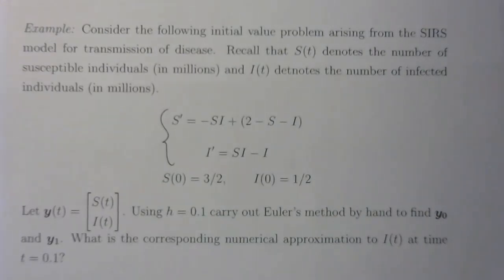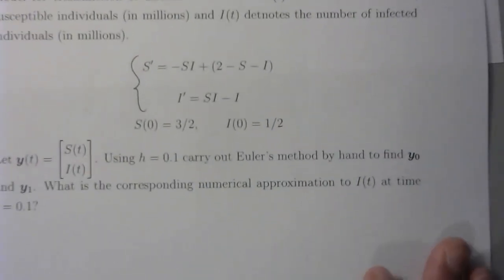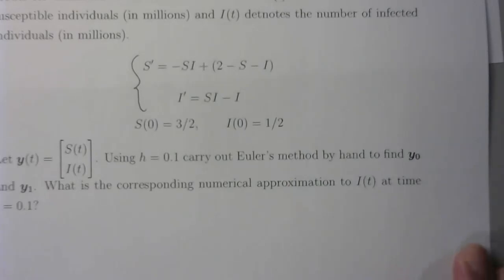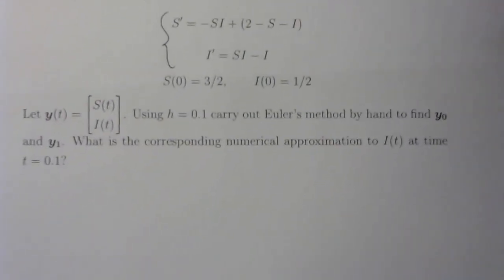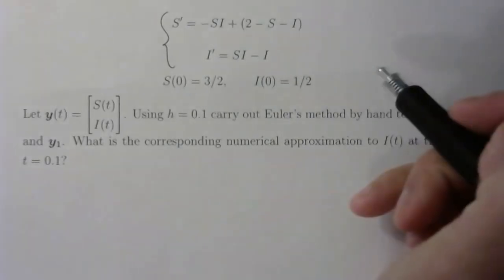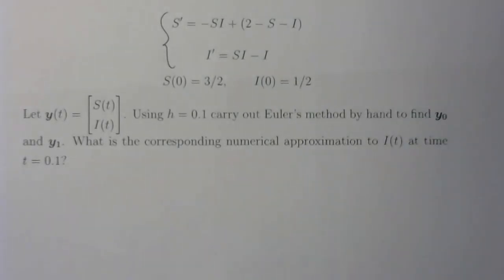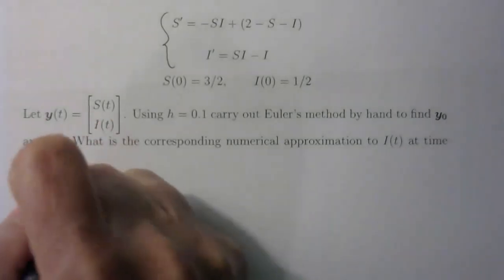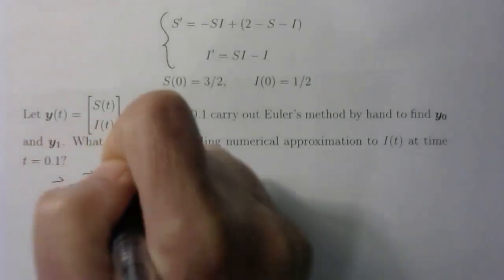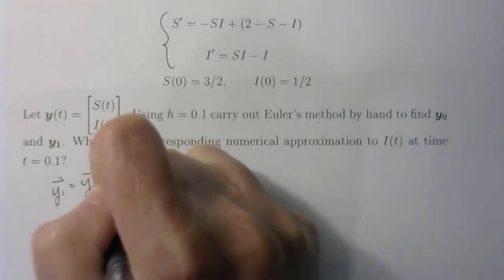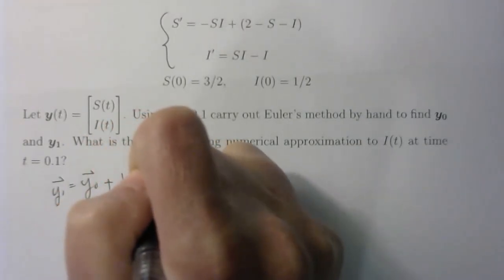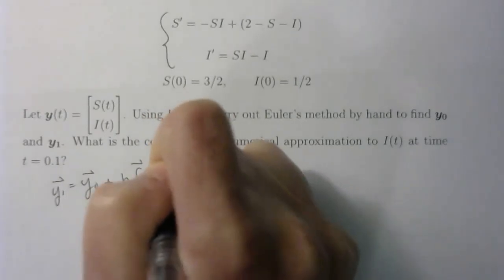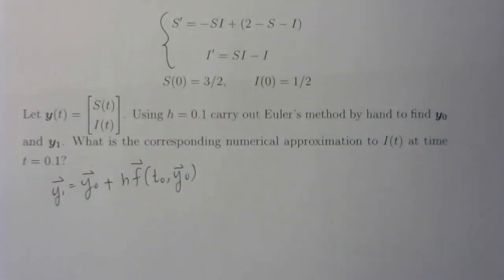And let's do an Euler's approximation to see if we can find y1, which, if I'm starting at t equal to 0, would be s and I at time 0.1, whatever the units of time we use are. So we know from Euler's formula that y1 is y0 plus h times f at time t0 and y0, right?